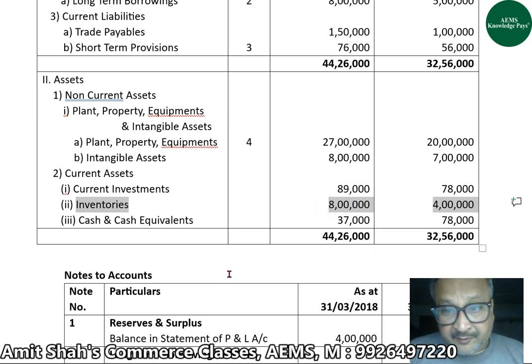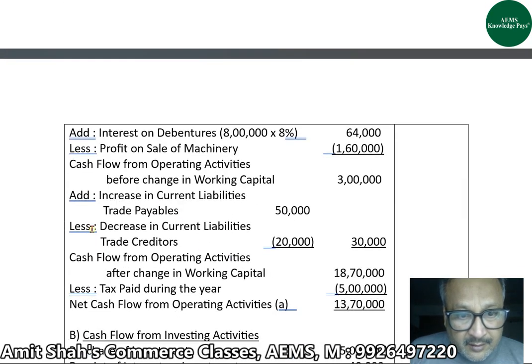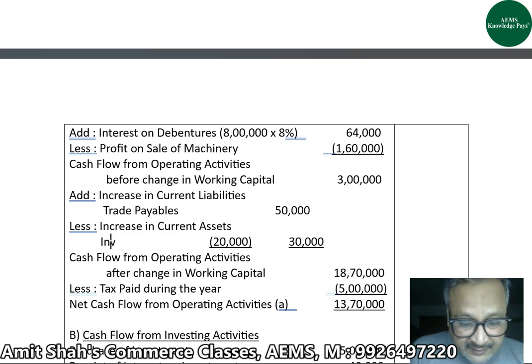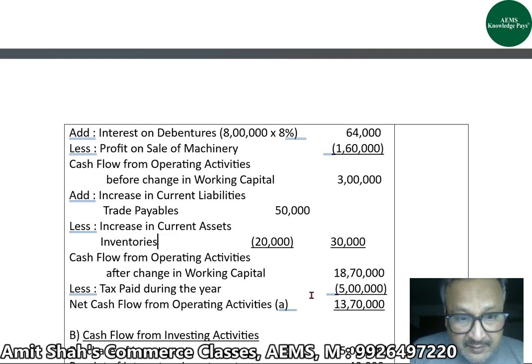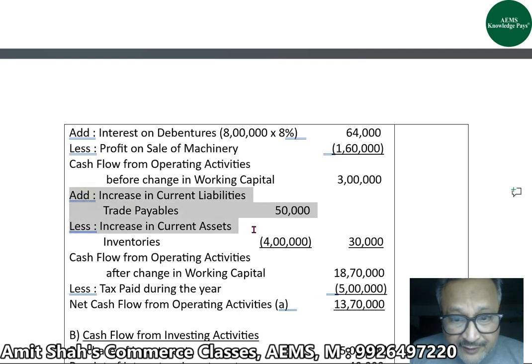Increase in current assets is subtracted, so that we will do here, less increase in current assets, inventories by 4 lakhs. So sum total of these two items of working capital is 3,50,000 negative.